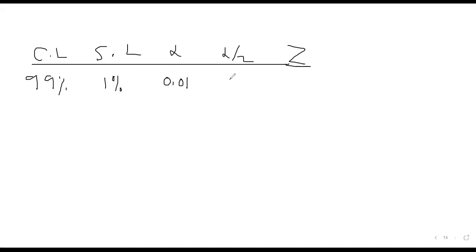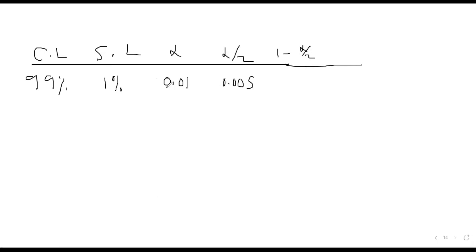Then this 0.01, when we divide it by 2, we get what? 0.005, okay? Sorry, you said when we divide the 0.01 by 2. 0.01 divided by 2, what are we getting? 0.025.